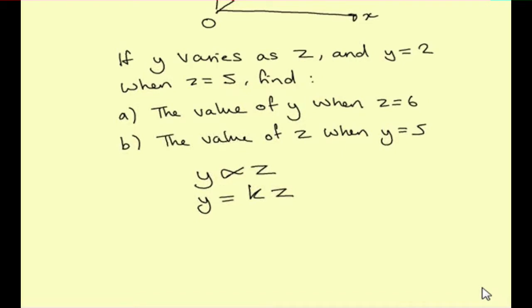So the first thing we need to do is we need to find the value of k, which is the constant of proportionality. So we find that by substituting in the initial values, y is equal to 2 and z equals 5. So we put 2 is equal to k multiplied by 5. We then divide both sides by 5.